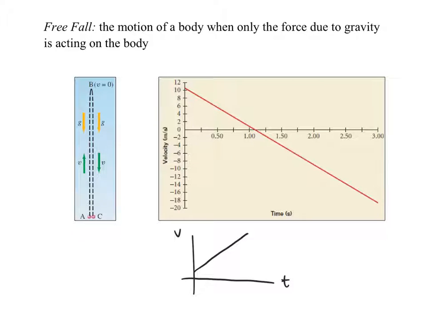The velocity is positive, and then when it reaches the top, it becomes negative, and it decreases before it gets to the top. The velocity decreases, and then it gets to zero. It stops for a very small amount of time, and then it becomes more and more negative, but the speed ends up increasing. That's the point I want to talk about right now, because speed and velocity is still something that people are confusing. So let's talk.